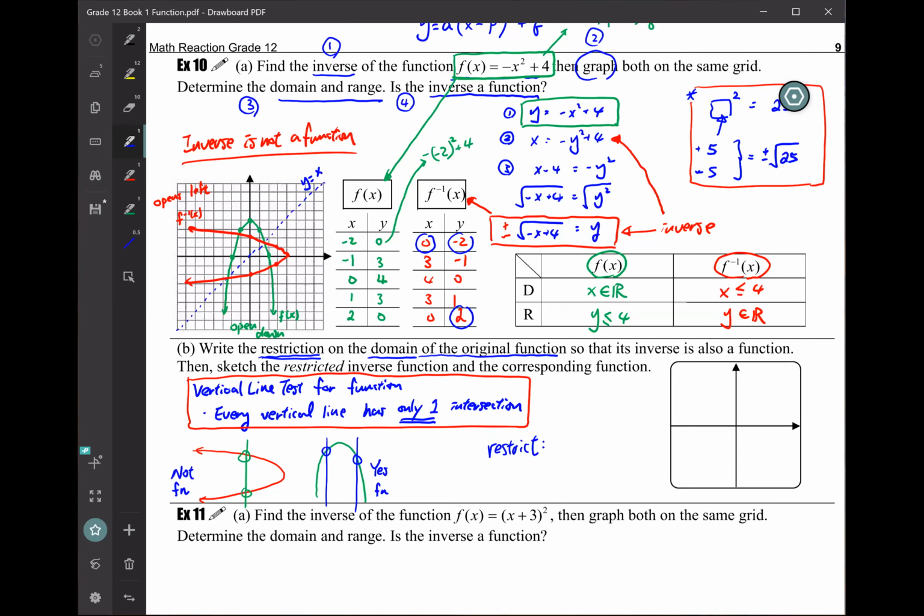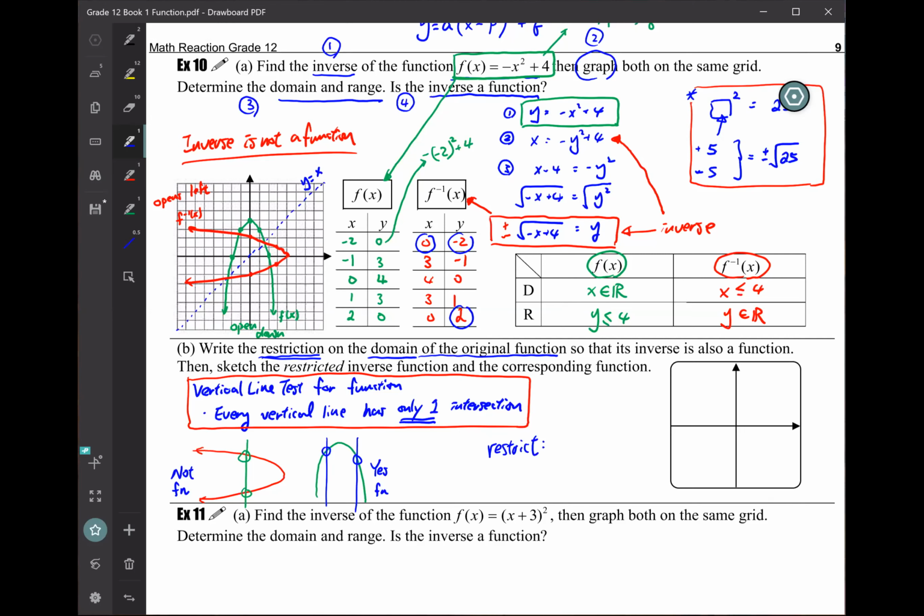The domain for the original. The x equals all real numbers. Yeah, this answer you told me, right? So x equals all real numbers means there's no restriction right now. But we want to put a restriction on it, right? Make it smaller. Instead of all real numbers, I want to cut it, okay?